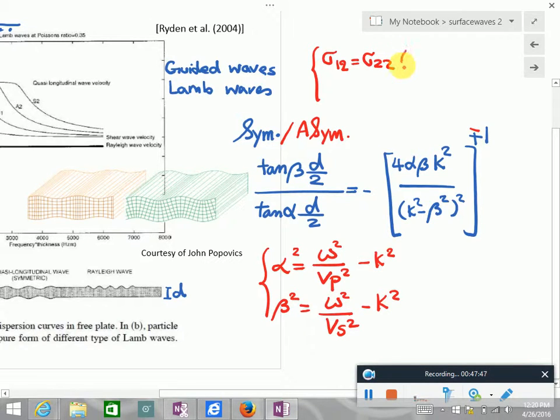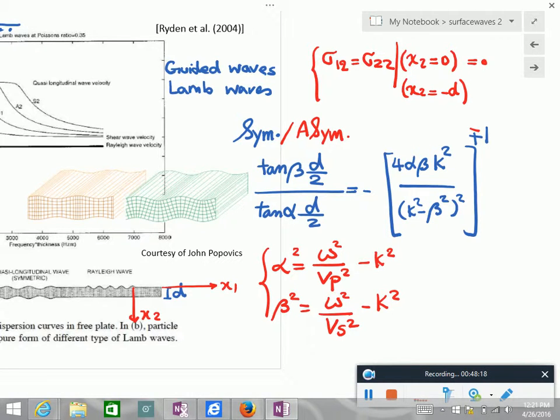So in this case, they are 0 at x2 equal to 0, and also 0 at x2 equal to negative d, if we consider x1 and x2 like that.